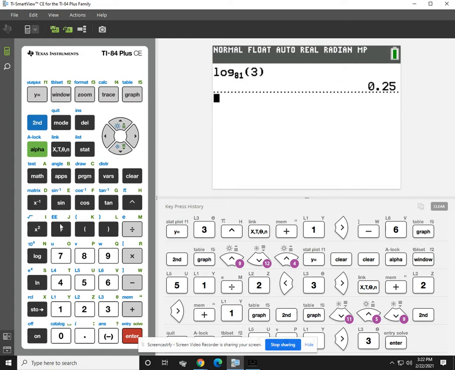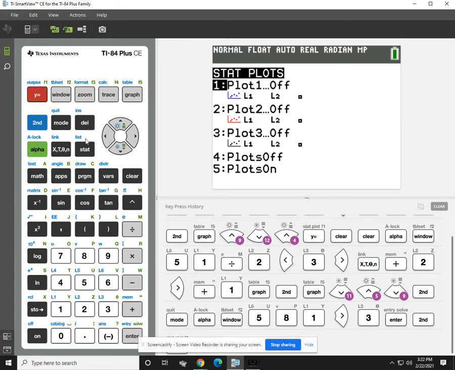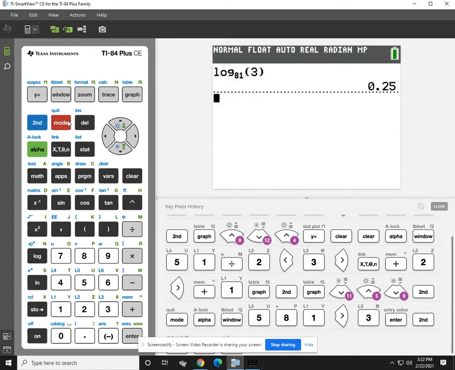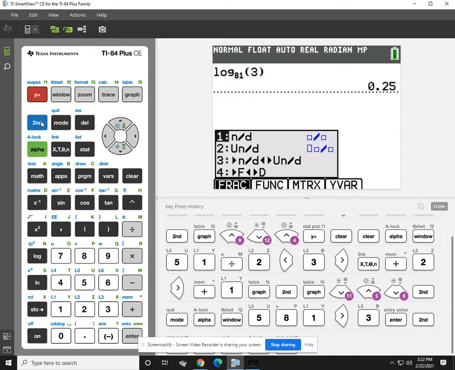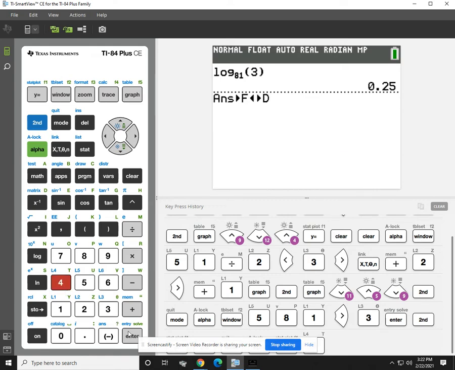If you wanted, you could always change that to a fraction by doing alpha, y equals, number 4. We'll change that decimal to a fraction, so that's 1/4. So 0.25 or 1/4, either one would be 100% fine.